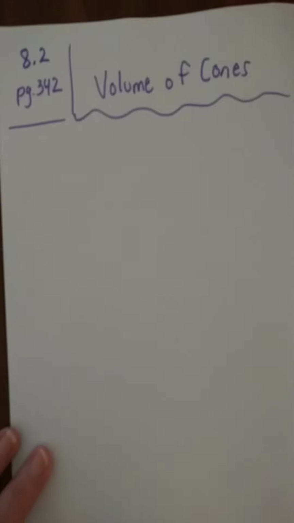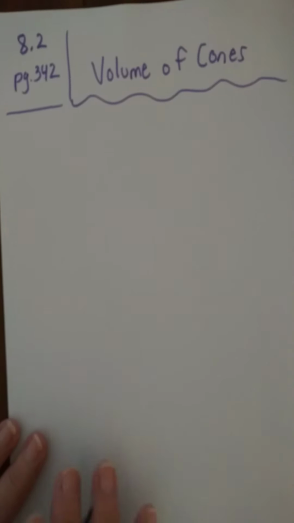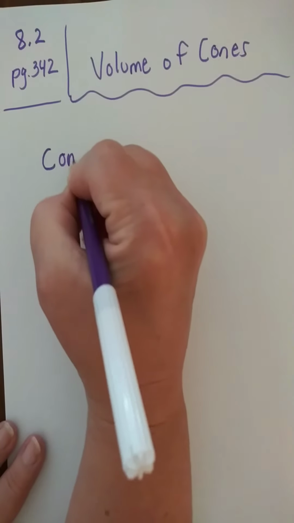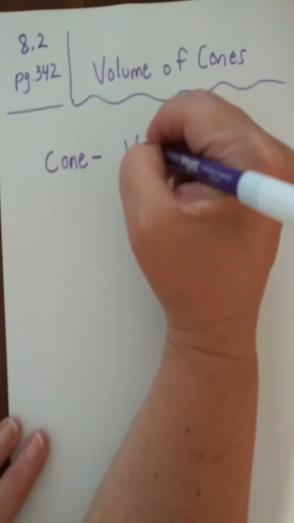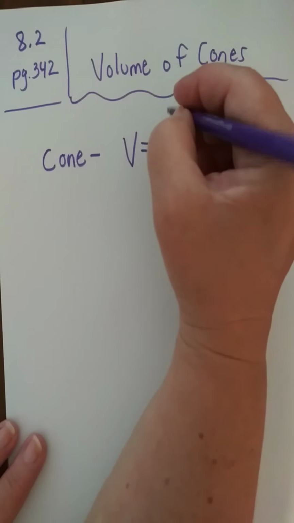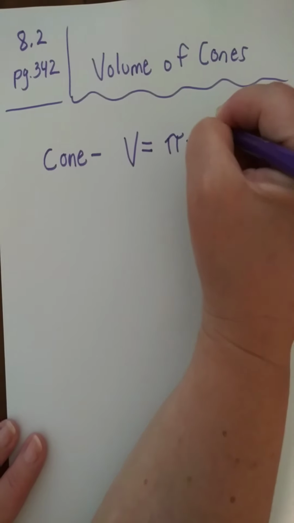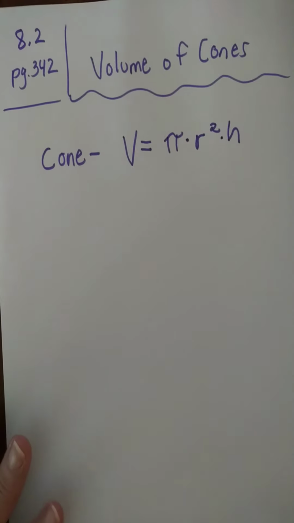So what that means for us is that we use the same formula for a cylinder, but then to get 1/3 of something, we have something extra to do. So first off, what we're working with here is a cone. And the formula is this. V equals pi times r squared times h, because that's our cylinder, right?